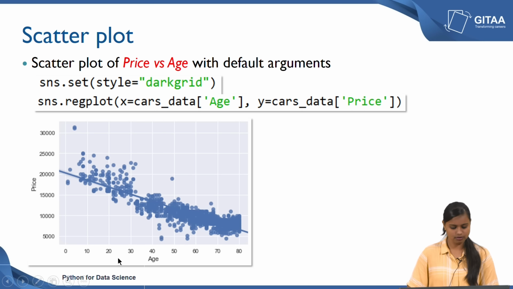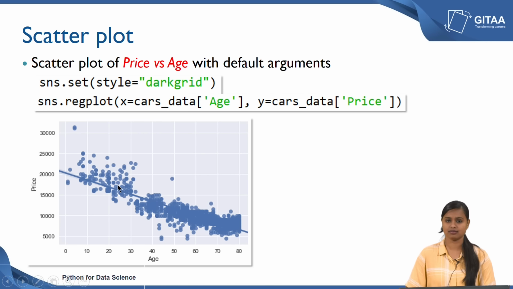And if you see here, as the age increases, the price decreases, and the age that we see here is not in terms of years, but in terms of months. So, 70 represents that the car's age is around 5.8 years, and 80 represents that the car's age is around 6.6 years. In that case, for most of the cars the price is really low whenever the car's age is beyond 5 years, and the price is really high for the newer car.